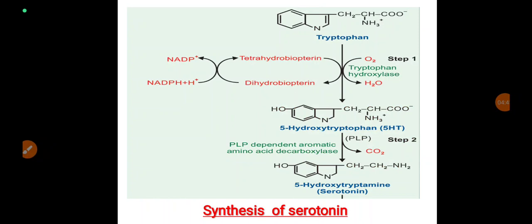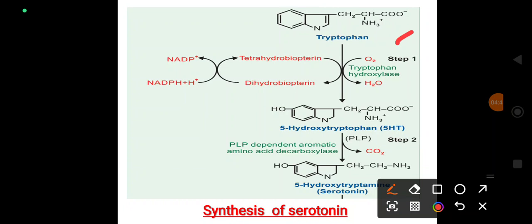So, how do we get serotonin from tryptophan? Tryptophan, in the presence of oxygen, by the enzyme tryptophan hydroxylase, releasing a molecule of water, in the presence of tetrahydrobiopterin, becomes 5-hydroxytryptophan.